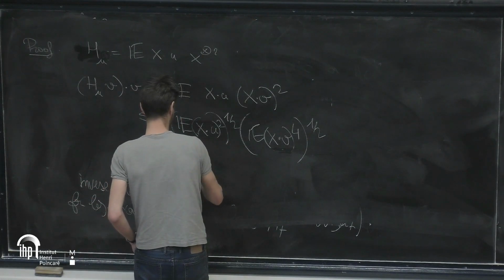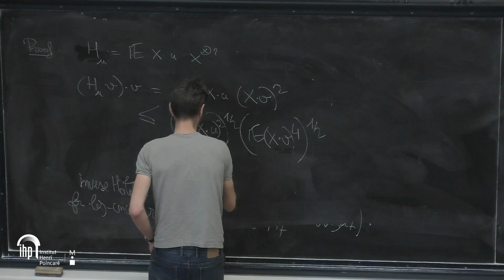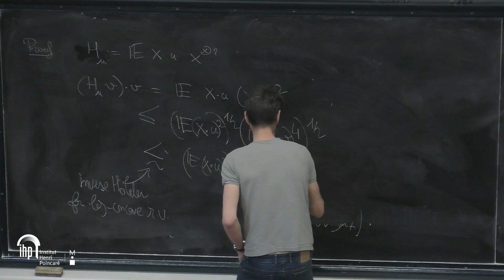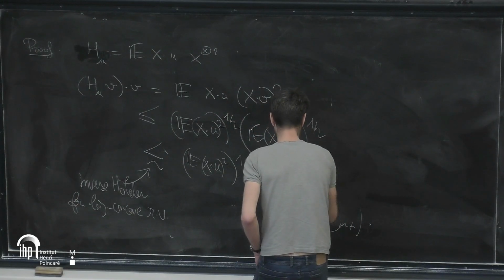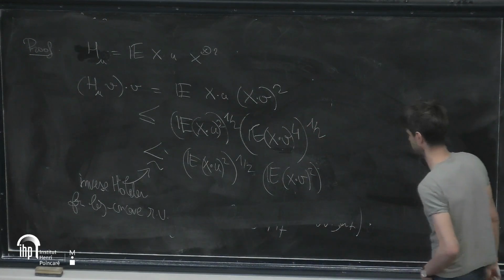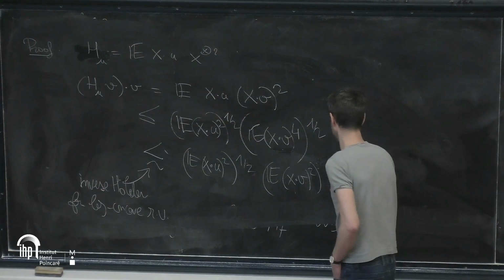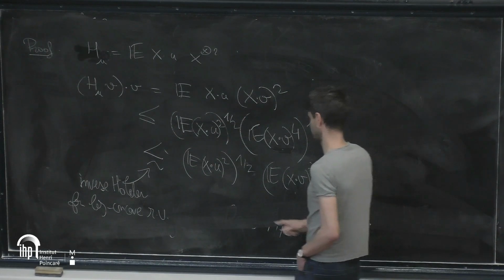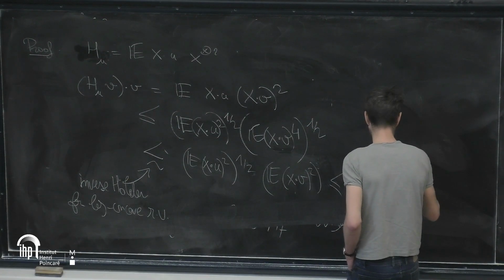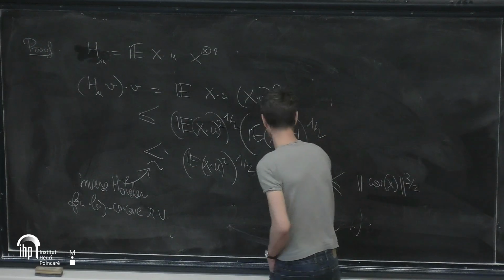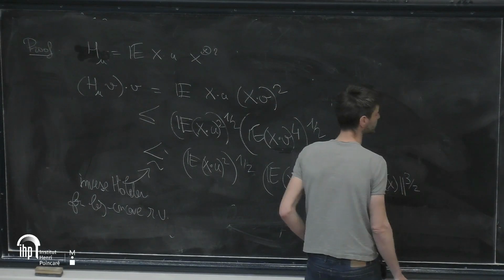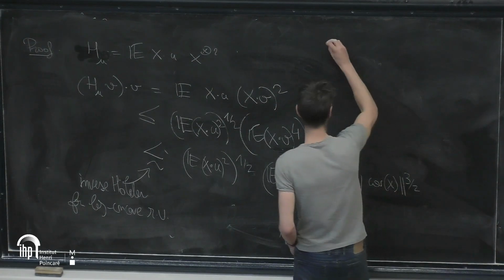And so that's, okay, each of these terms is less than the operator norm of the covariance, up to a constant. So far, so good.